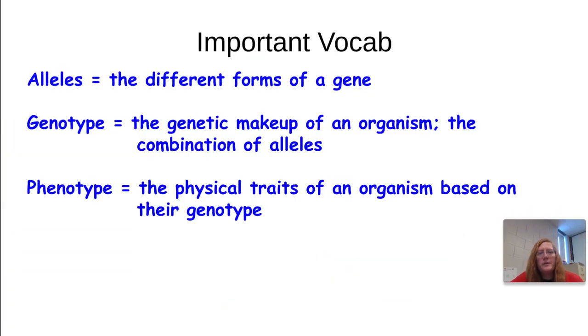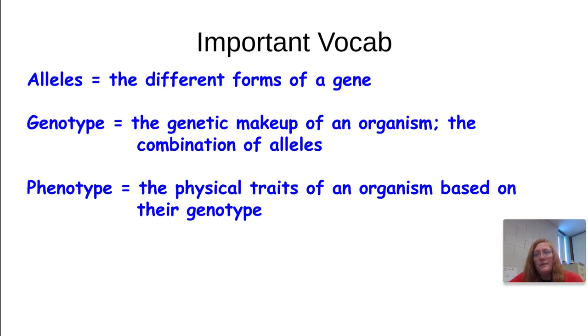Okay, so some important vocab. Maybe you remember this, maybe you don't. Let's make sure we have it in our notes. Alleles: different forms of a gene. In this case, we're talking about the gene that causes albinism, which ends up being recessive. Then we have genotype. That is the genetic makeup of the organism.